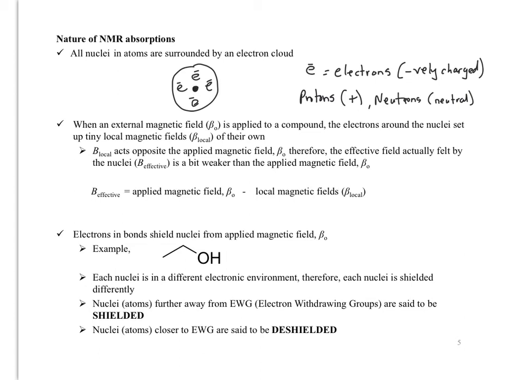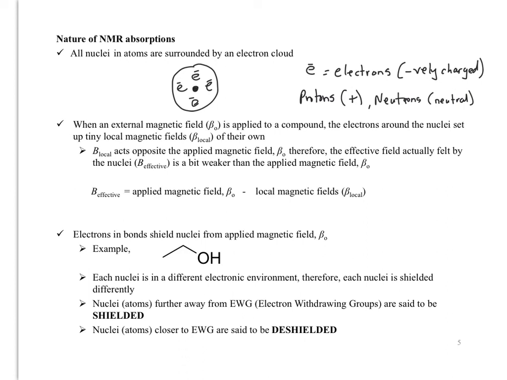So if you have an electron withdrawing group closer to this nuclei, electron withdrawing groups pull electrons towards themselves. Because they're pulling electrons towards themselves, if you look at it in this picture, it's like they're removing these electrons which are supposed to be covering the nuclei. And by so doing, if they're removing the electrons, it means they are exposing the nuclei.